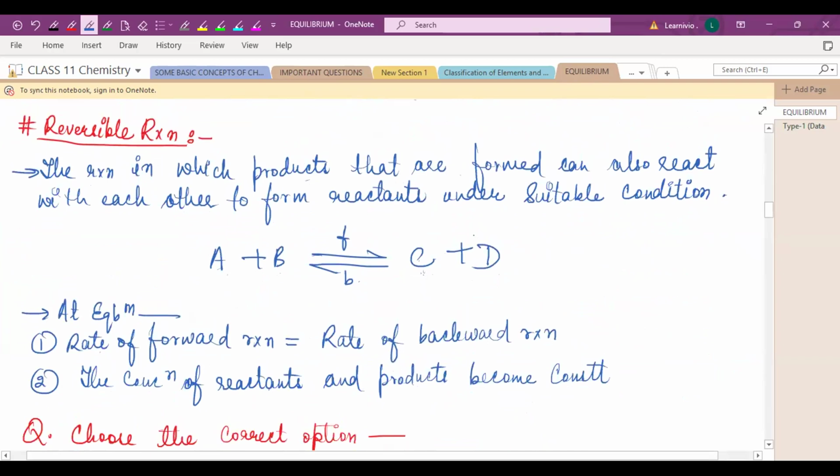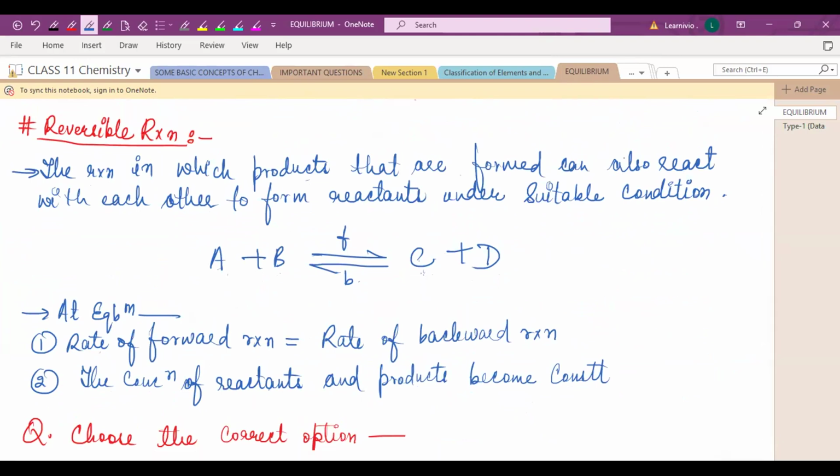Next one is your reversible reaction. So what is the reversible reaction? The reversible reaction is that reaction in which products that are formed can also react with each other to form a reactant under suitable condition.